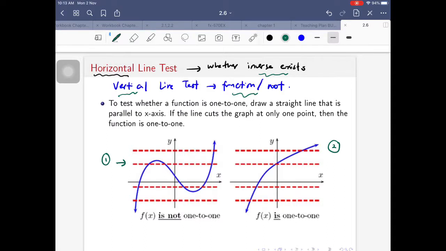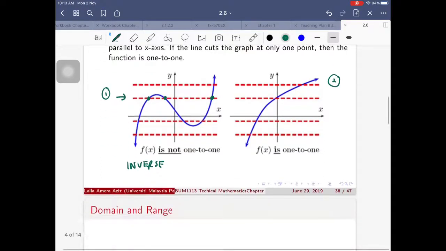When I draw the line, it cuts at multiple points: the first point, second point, third point. That is why this is not a one-to-one function, so the inverse does not exist.